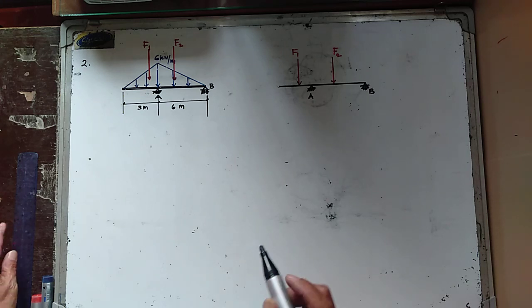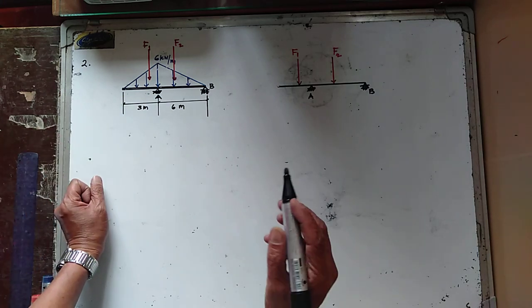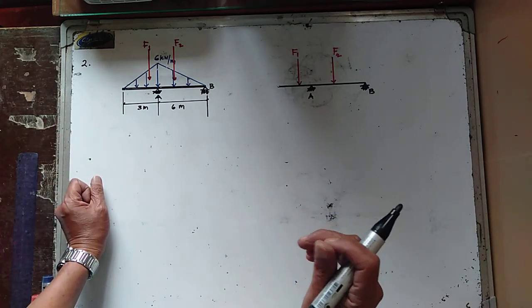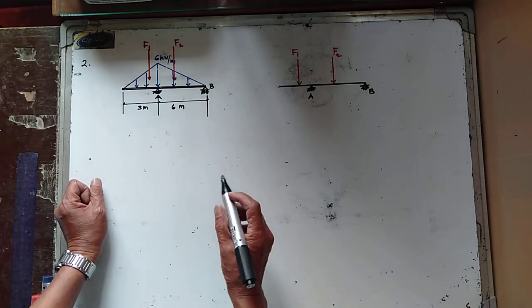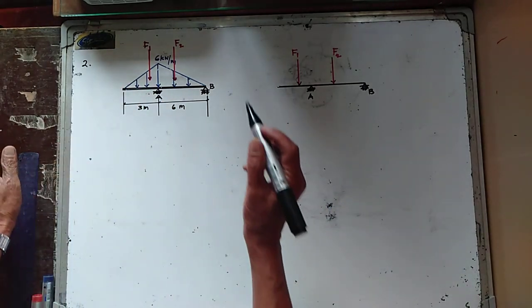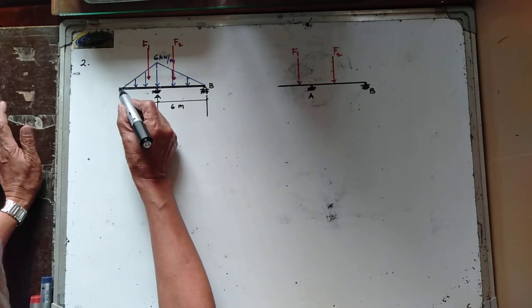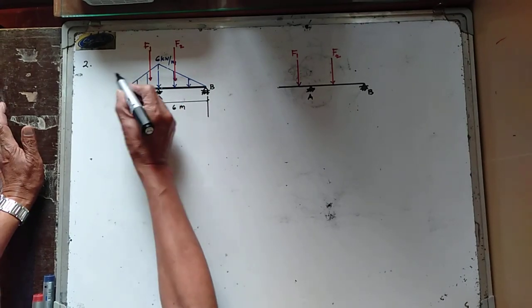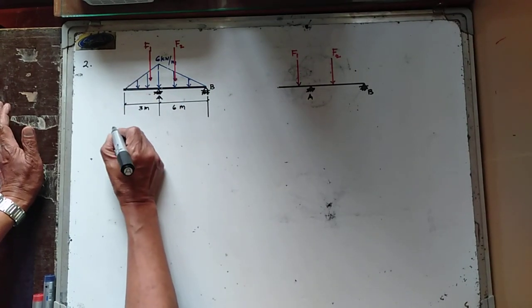So first, let us try to determine the equivalent resultant force of the distributed loading. So we have the first triangle. So we have F1.